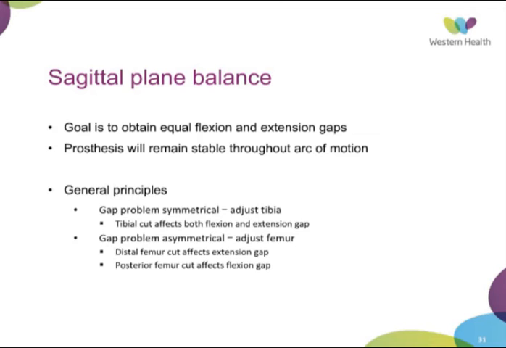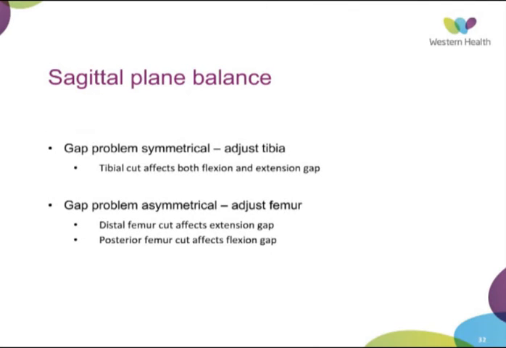So if there's a gap problem that is symmetrical, either if it's loose in both flexion and extension or tight in both, then we need to adjust the tibia. And if there's an asymmetrical problem in flexion and extension, we need to address the femur. And again, that goes down to the fact that the tibial cut affects both flexion and extension, whereas the distal femoral cut affects the extension gap, and the posterior femur affects the flexion gap.